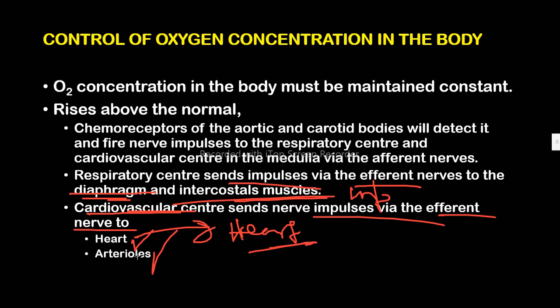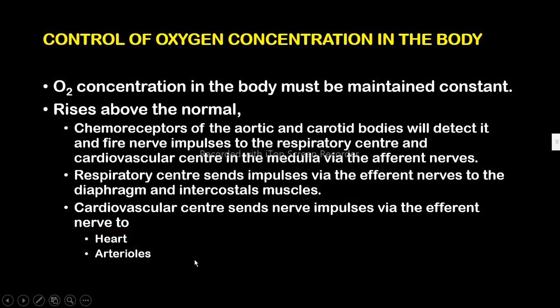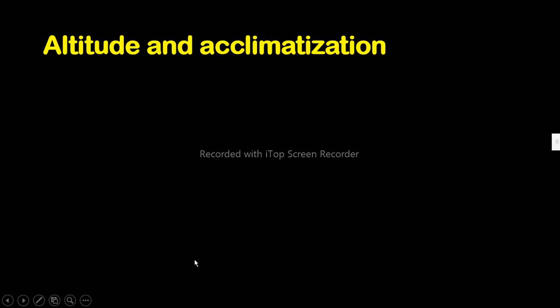But the arterioles will dilate so that they create a large passage for this large volume of blood, so that you supply enough to meet the high energy demand. Okay? And all this happens without your conscious awareness.